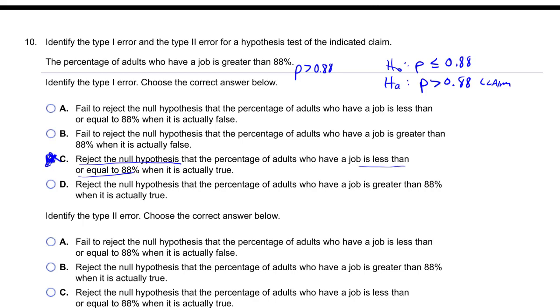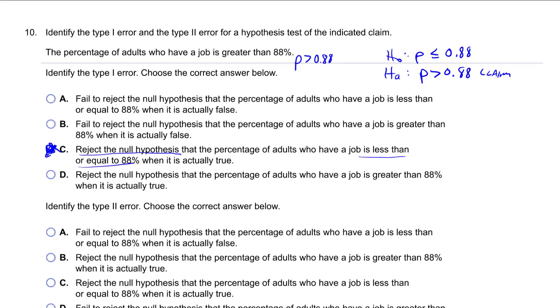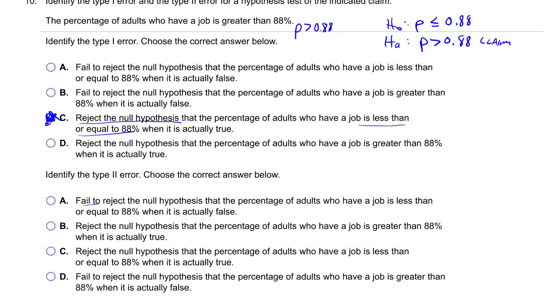And here, type 2 would be I failed to reject the null hypothesis even though it was false. So I failed to reject the null hypothesis when the statement that it's less than or equal to 88% is actually false. It's often a lot easier to state it than actually pick out an answer because it gets confusing, but that's all right.